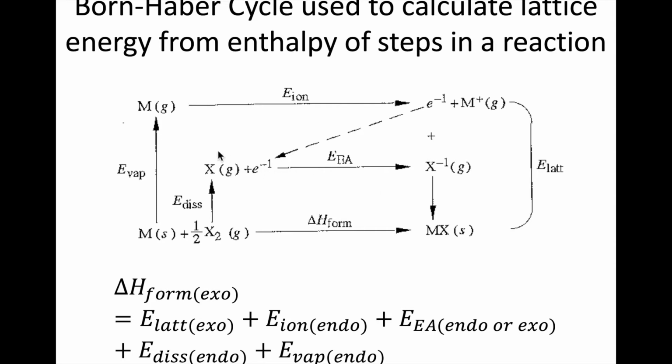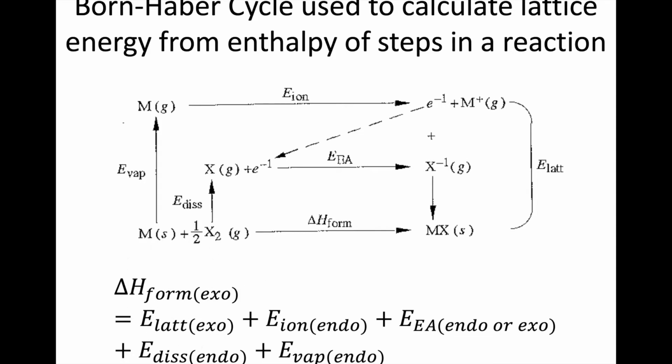This is taking the nonmetal element and making it an anion, so adding an electron, and that can be positive or negative. We also have the dissociation of that diatomic molecule, and the vaporization from the solid to the gas. We can rearrange this and solve for the lattice energy, which is our goal.